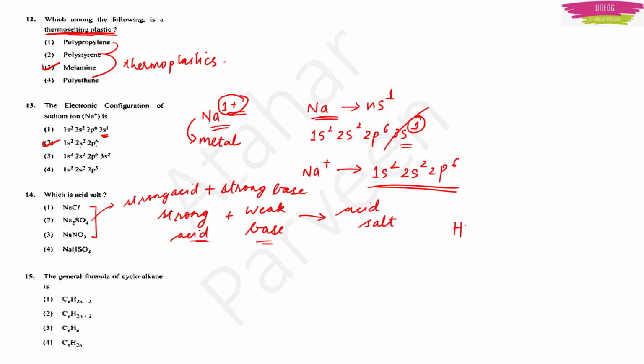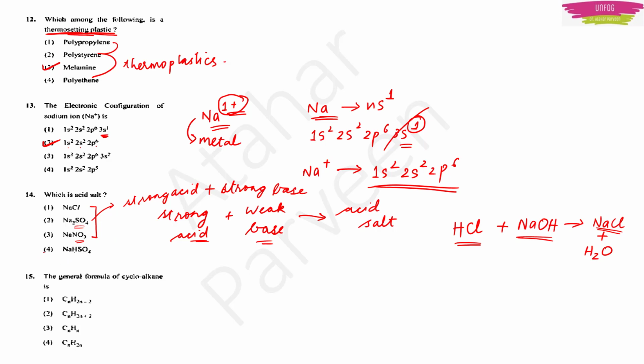For NaCl, we take HCl, which is a very strong acid, and with HCl we take sodium hydroxide, which is also a very strong base. So here we'll get NaCl plus water. Since we are taking strong acid and strong base, we get NaCl, so NaCl cannot be an acid salt. The same goes for Na2SO4 and NaNO3.